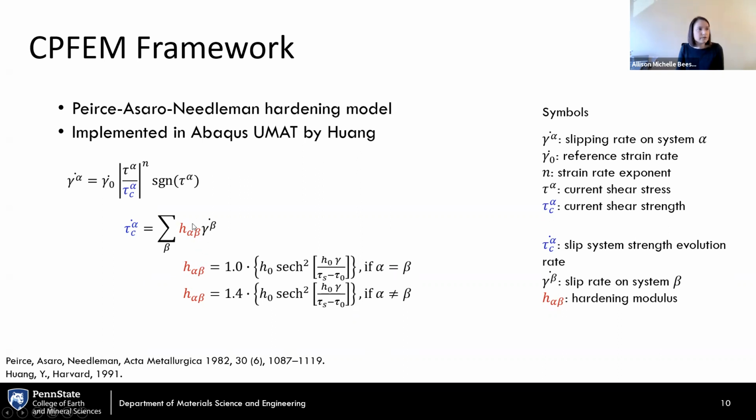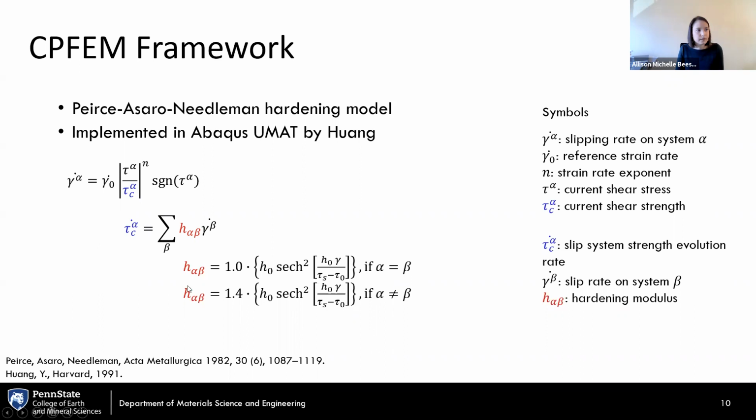This is where I was saying earlier, there are many groups that adopt different frameworks for crystal plasticity, where you can have different hardening rules, where this is a function of things like dislocation densities and so forth. But then again, you can have quite a few parameters. One of the reasons that we adopted this model is that it's able to capture the behavior that we're interested in, and it does so with very few parameters.